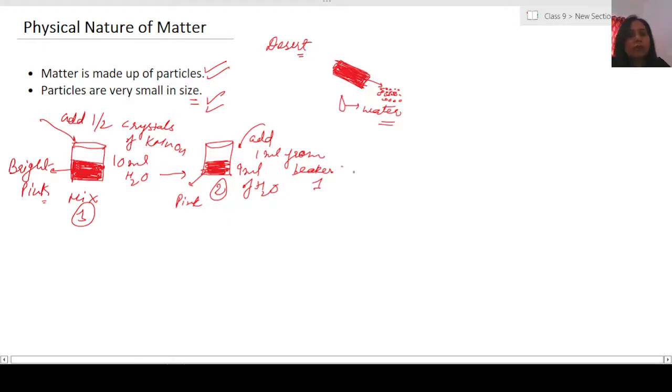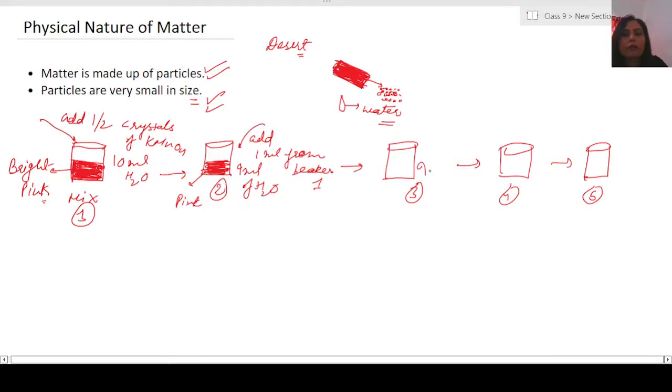Now if you keep on doing the same thing with an assembly of even 10 beakers, let us say this is the third, this is the fourth one, the same thing you will have to repeat. That is, in every beaker there is 9 ml of water, and to this water you are adding 1 ml from the previous beaker.